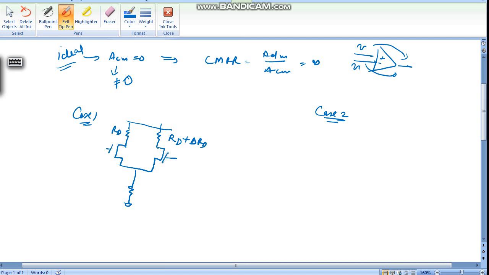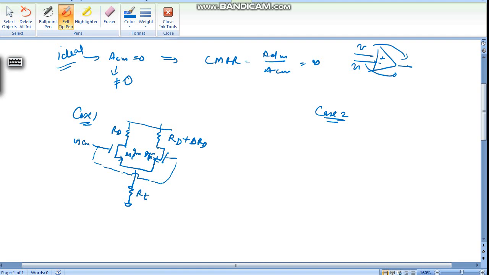This much difference is there. So this is M1, M2, and suppose both M1, M2 are the same, and GM is the transconductance for these two, and here we are giving VICM, the input common mode, and this is say our tail resistance.